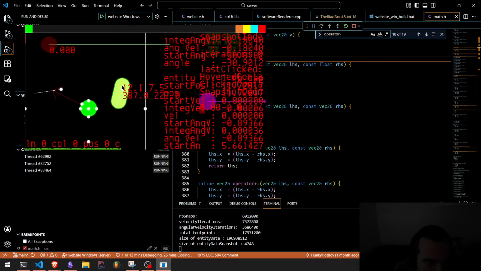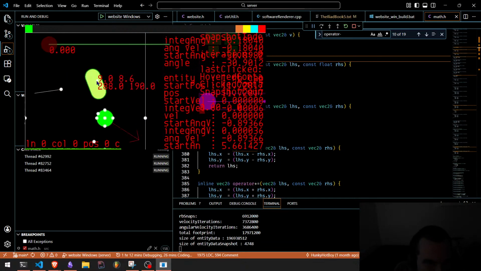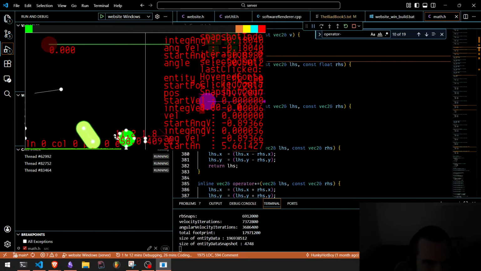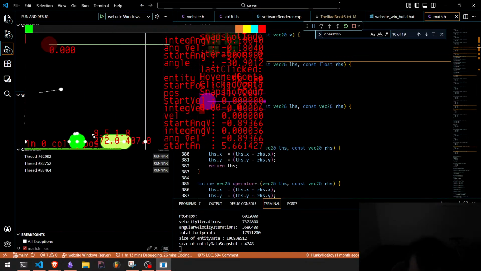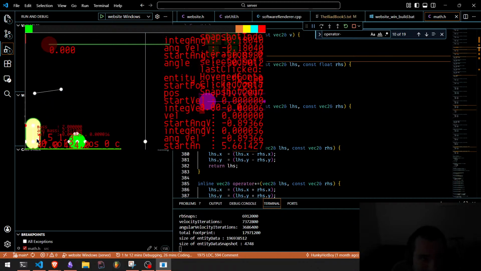Huh. That's crazy. And I'll drop the capsule onto the circle and nothing happens. That's another thing I need to figure out. But the immediate issue of the capsule exploding when it collides with the circle, that's been fixed.